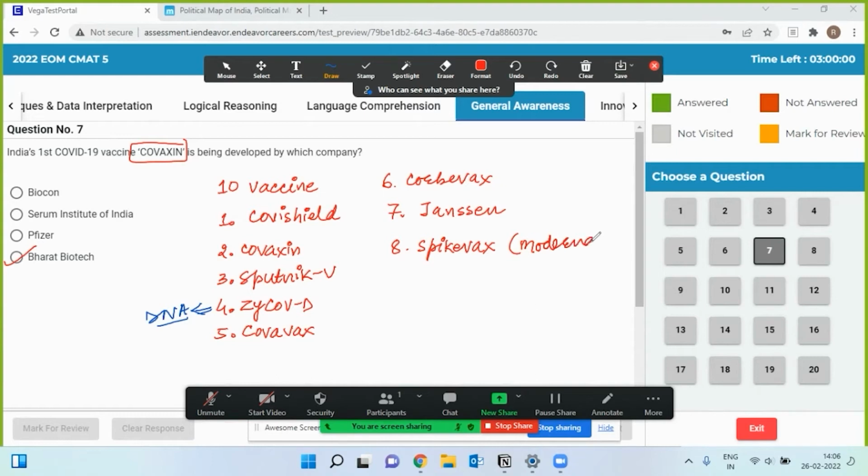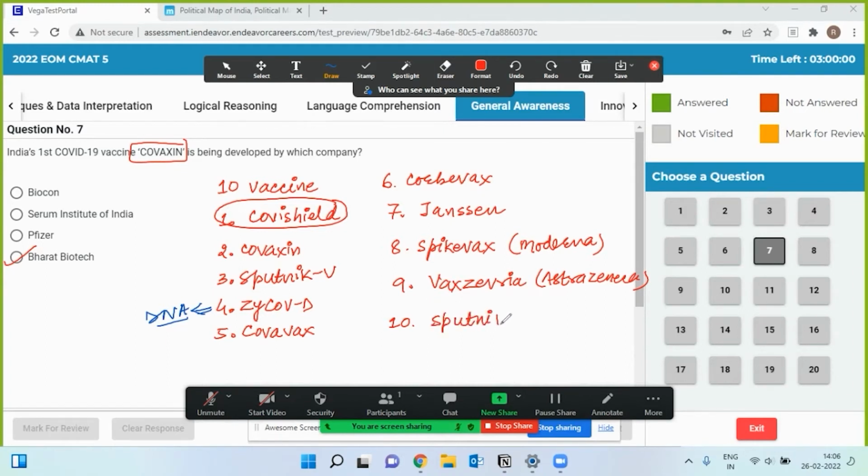Ninth is Vaxzevria. So please remember here that Vaxzevria is another vaccine developed by AstraZeneca. AstraZeneca is also the company that has developed Covishield. So this vaccine is also developed by AstraZeneca. And then the last vaccine, which has been approved for use in India very recently, is another version of Sputnik. It is called Sputnik Light.